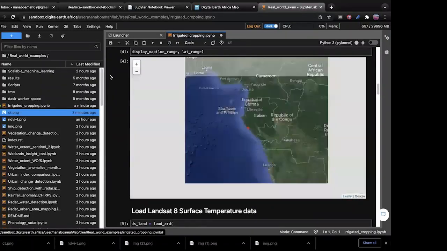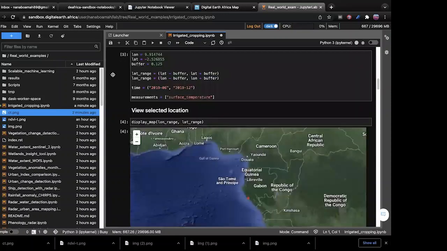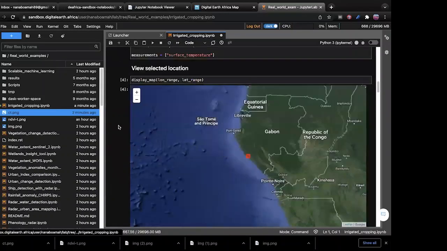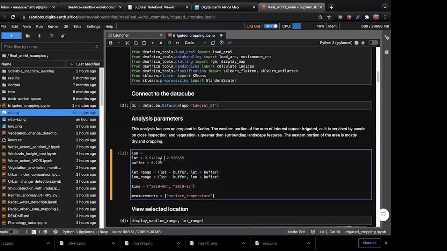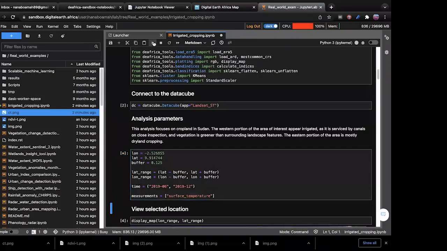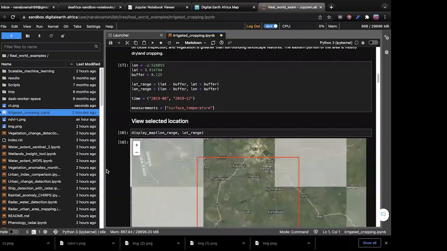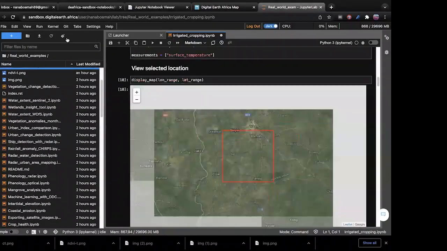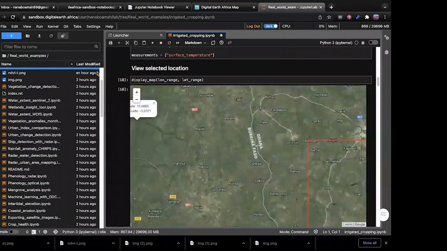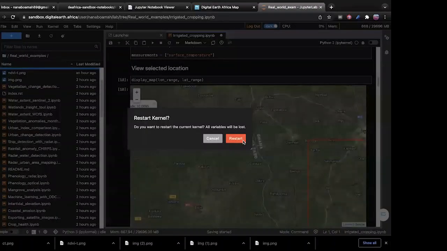All right. We are in Gabon. Okay, did I change something? Okay, let me change this one. Okay, so we are in Upper East now. Let's restart and run it.